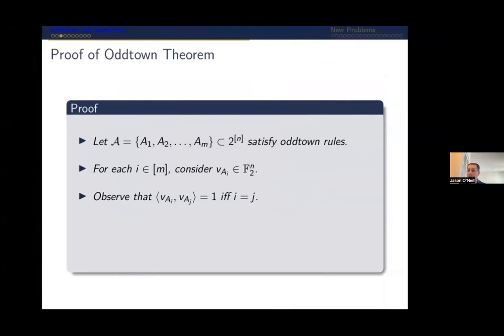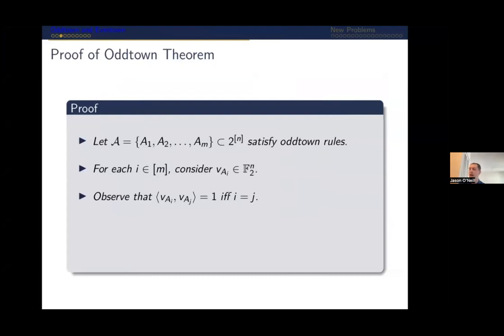If I take a characteristic vector of one of our sets, A sub i, and take the inner product with itself, I'm summing over all the coordinates, and I only get a 1 when the corresponding element is in the subset. So the inner product gives the size of the set mod 2.